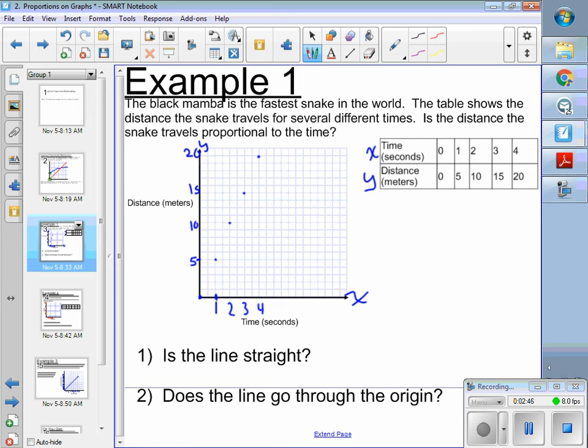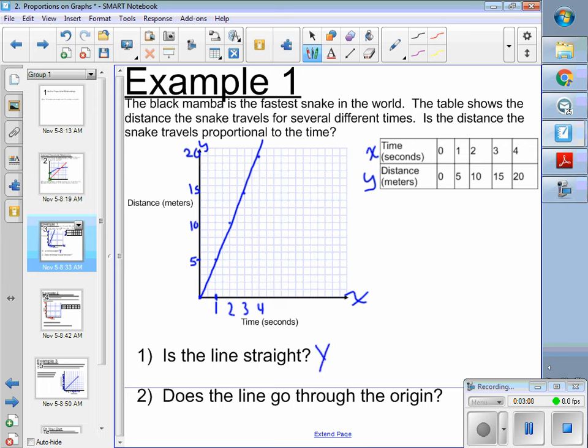I should have a straight line there. Did I graph that correctly? Yes. I think I might be off. All right. It should be a straight line. Got to bear with my drawing a little bit, but my line is straight.